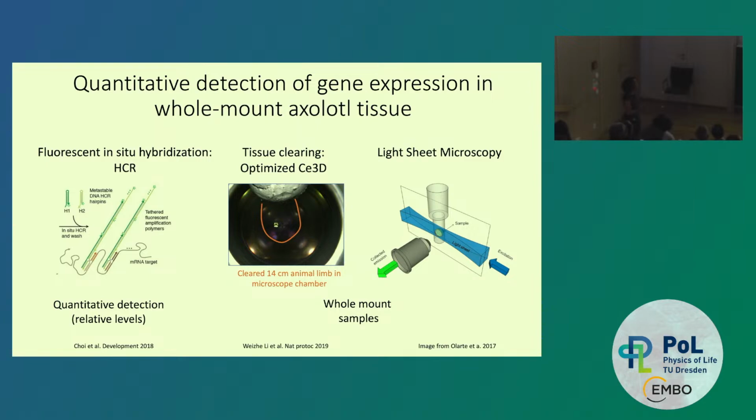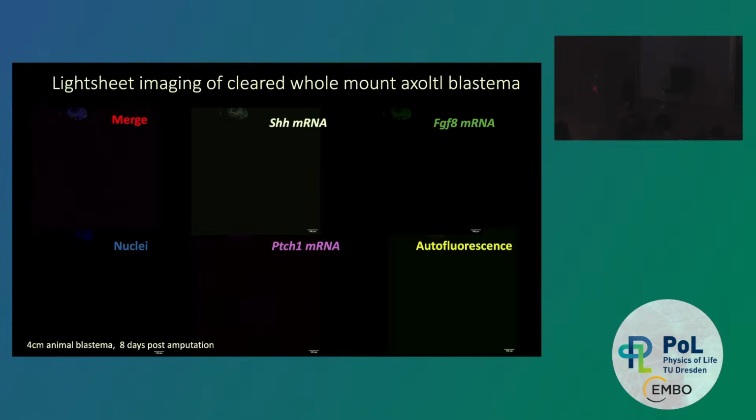And then he's using a light sheet in order to image these samples. So you'll see here the different channels: nuclei, merged, Sonic, Patched, and FGF. He also images autofluorescence to be able to see the blood cells and then remove them out.